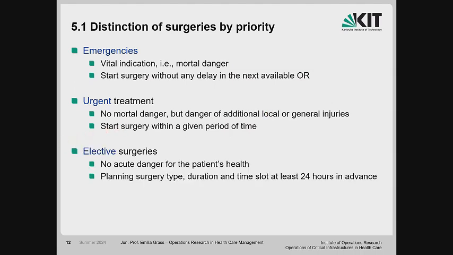And then we have these elective surgeries, hip, knee surgery, for instance. Here it's at least 24 hours in advance, but often, if you call and you would like to have this hip surgery, the standard surgeries, you have to wait for weeks and sometimes even for months. Okay, so for 24 hours it's really, really fast.